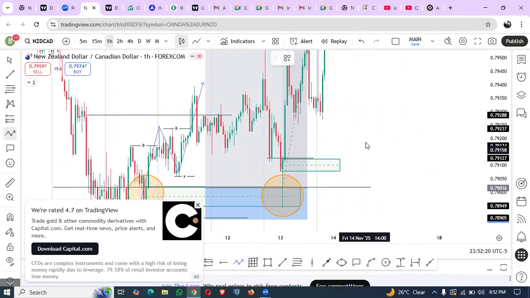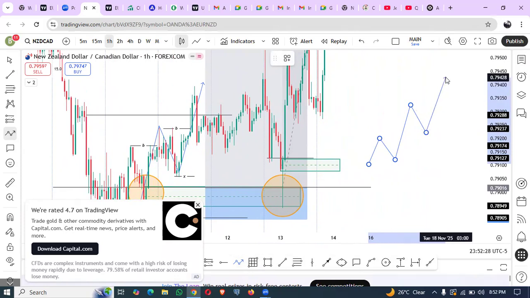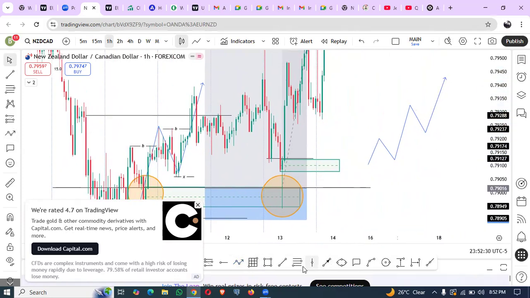For the bullish market, you need to see the impulsive push, correction, impulse again, correction, impulse. So this was my first break of structure there.